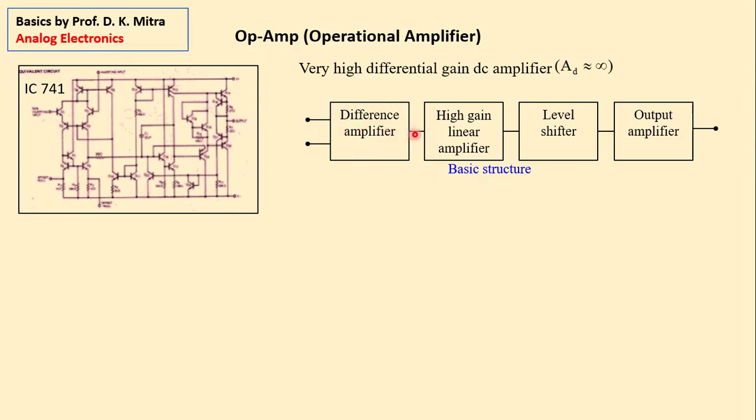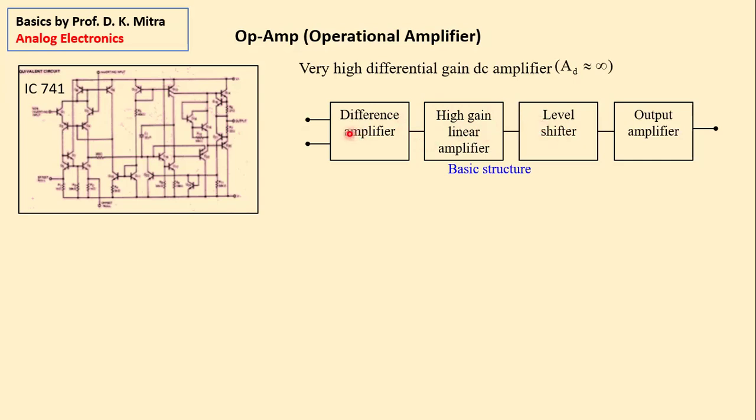Then there is a very high gain linear amplifier, where this output is amplified thousands of times, or maybe hundreds of thousands of times. Now, the design of this difference amplifier and high gain amplifier is such that there is a DC level shift, due to the quiescent current values of the earlier two stages.